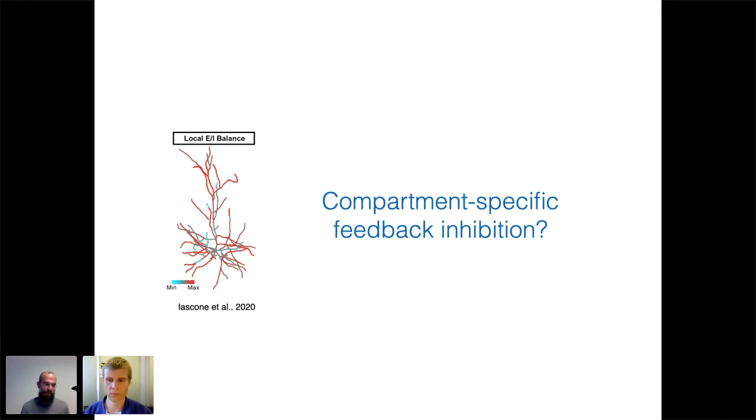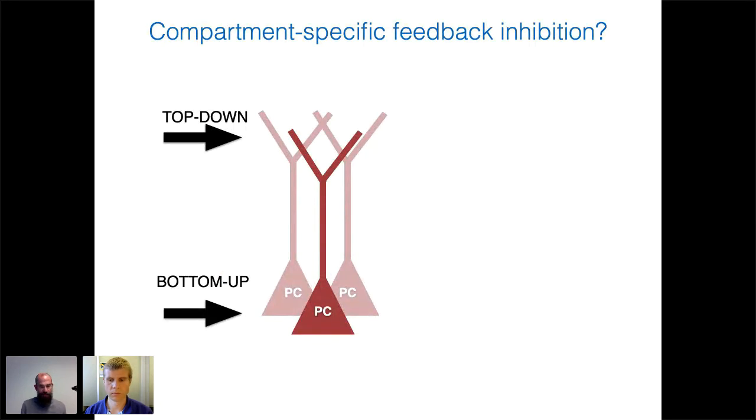So the assumption that I will make is that excitation and inhibition are not only balanced on average, but that within different subcompartments, like maybe the perisomatic domain or the distal dendrites, even on that level, there is a balance of excitation and inhibition. Okay, and that's the thing that I will try to optimize, and I'll try to show you where that takes us.